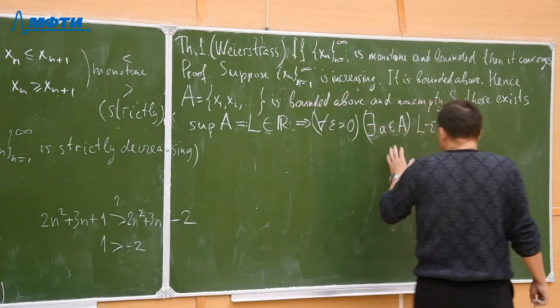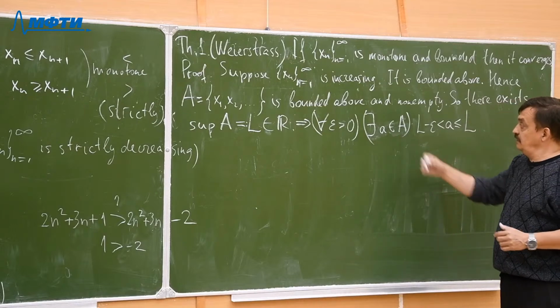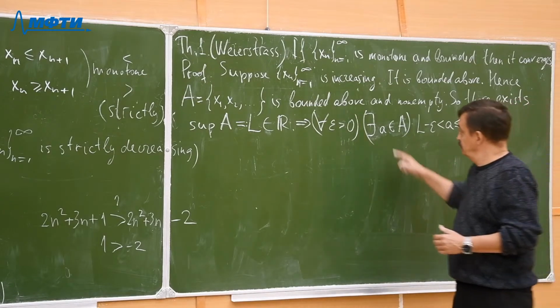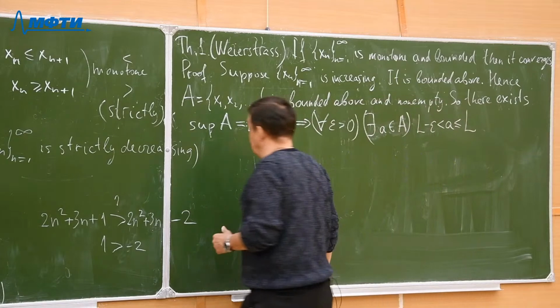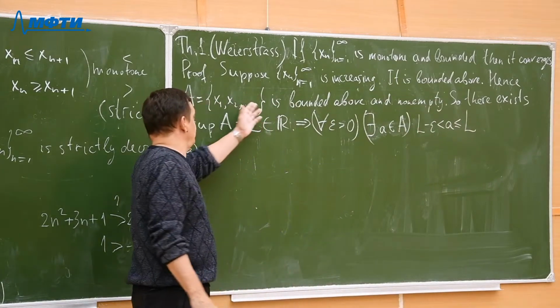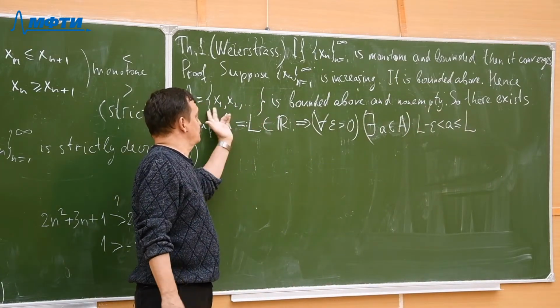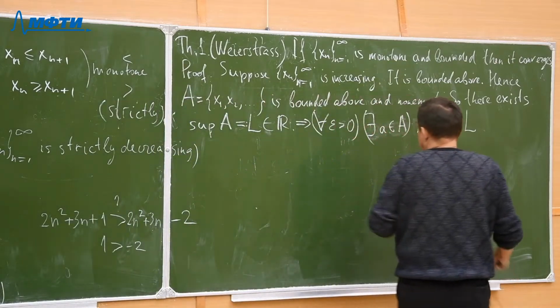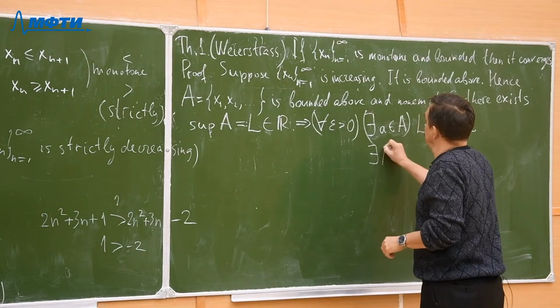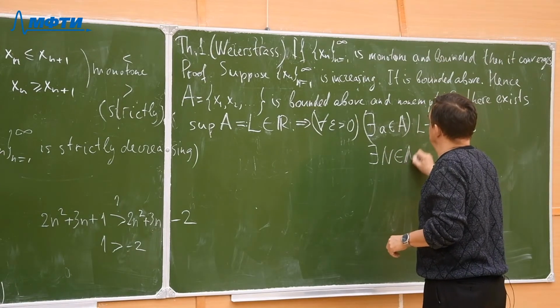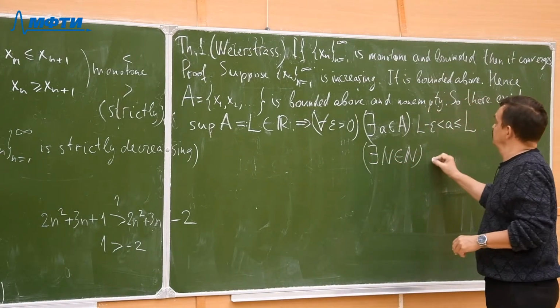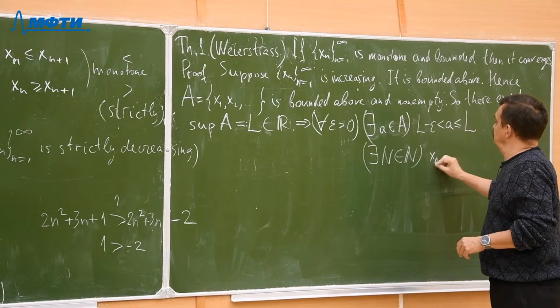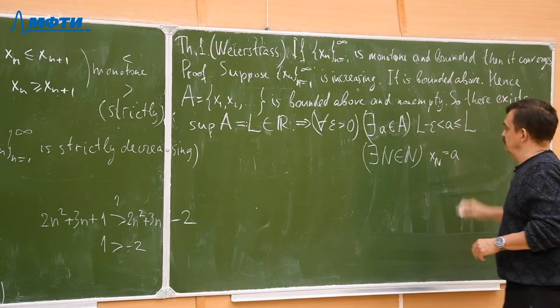Now, what does it mean that a is in A? Small a in capital A. Capital A consists of members of our sequence. So it means there exists a natural N such that xN equals a.